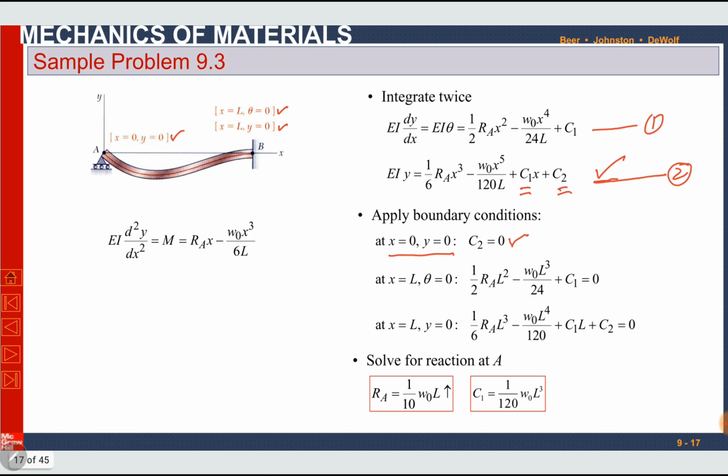Again, putting x equal to 0 and theta equal to 0 in equation number 1, we get this expression, equation number 3. Putting x equal to L and y equal to 0 in equation number 2, we get expression 4.